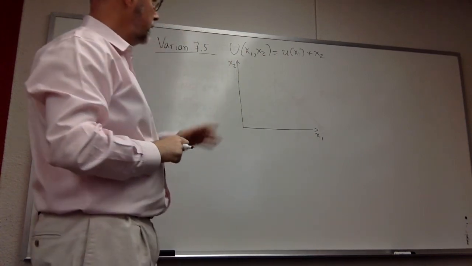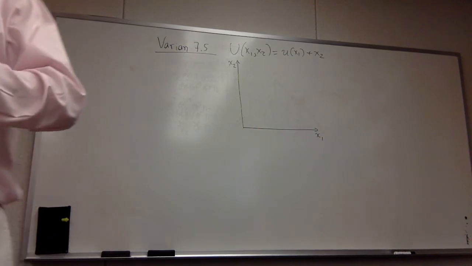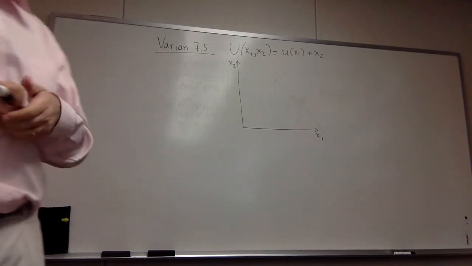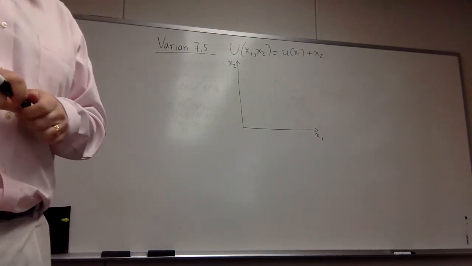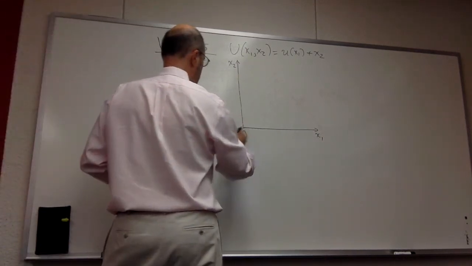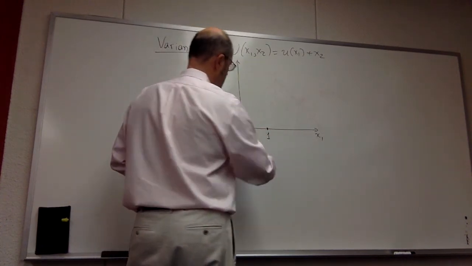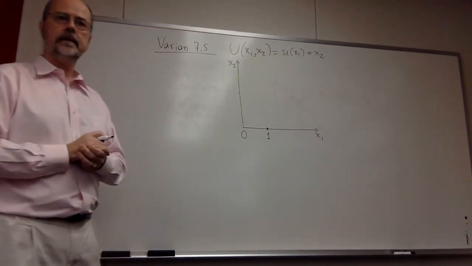We have to obviously be very careful for good 1, because he tells us that's the one that is discrete and not continuous. So, it can be consumed at 0 amount, or it can be consumed at 1 unit, and that's it.